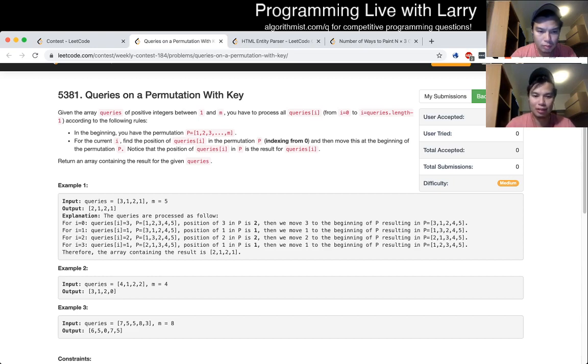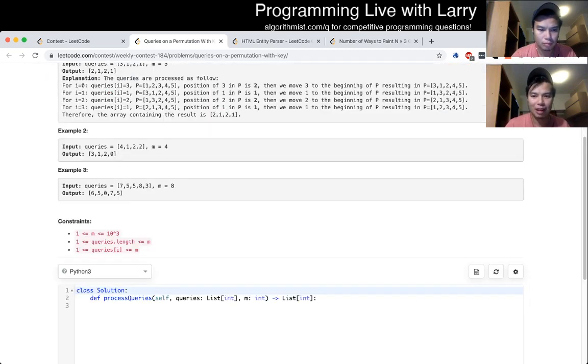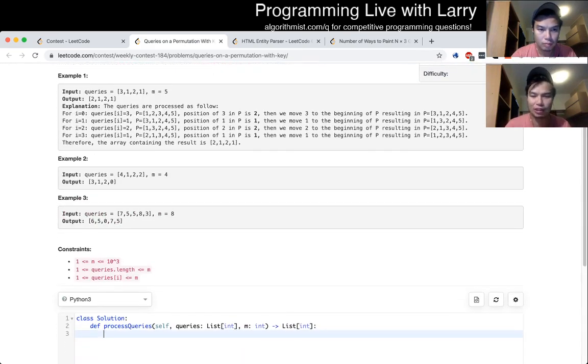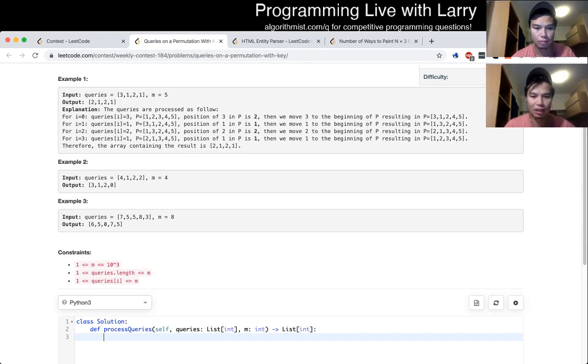But because of the constraints of the problem, once you read them, like okay, m is equal to 10 to the third, which is 1,000, m squared should be good enough, and that's what I usually end up doing, as you can see.